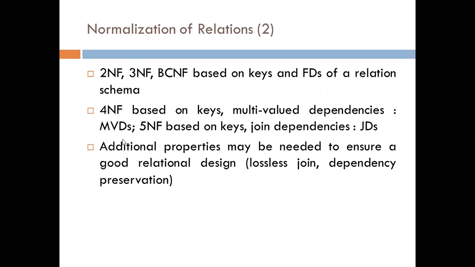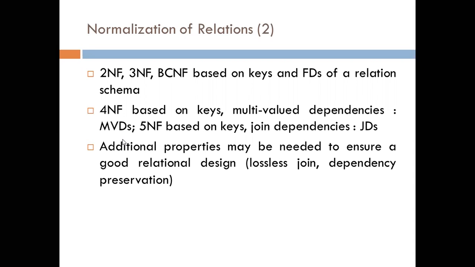All these normal forms are based on a single analytical tool, that is, they depend on functional dependency and the attributes of a relation. Whereas fourth and fifth normal forms were proposed much later, depending on multi-valued dependencies and join dependencies.